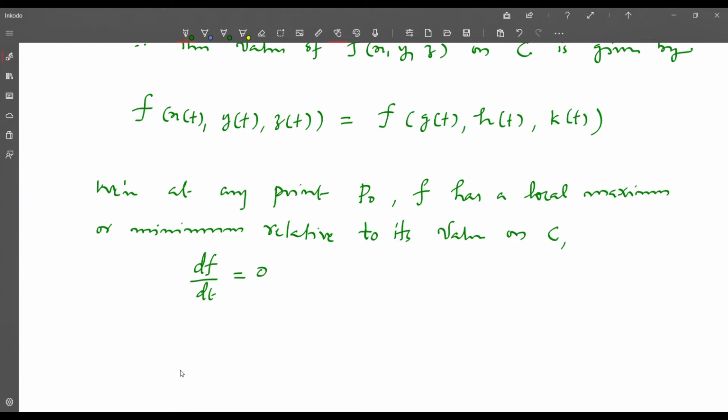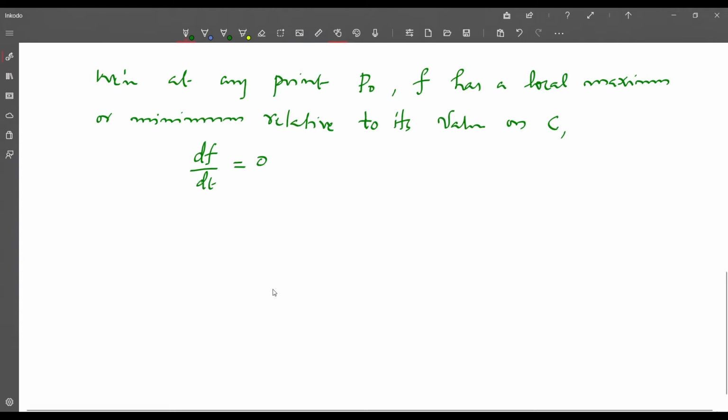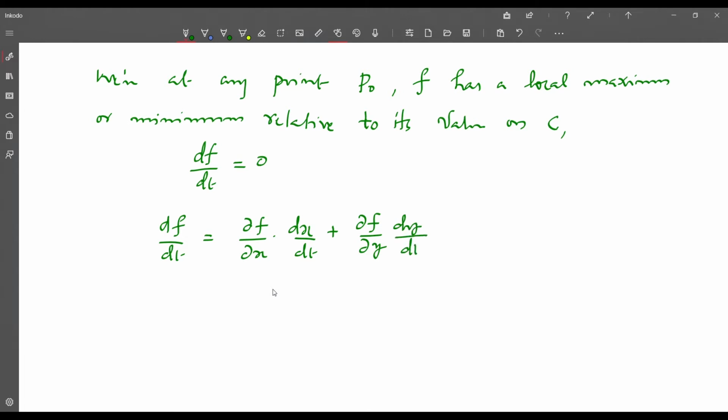And you consider df by dt. df by dt is dou f by dou x into dx by dt plus dou f by dou y into dy by dt plus dou f by dou z into dz by dt.